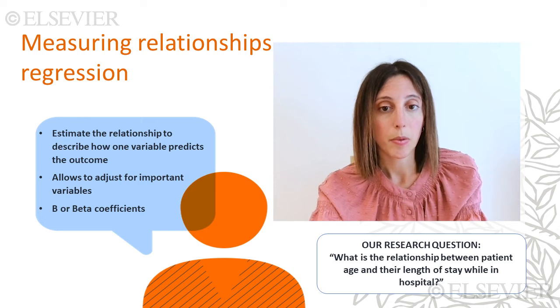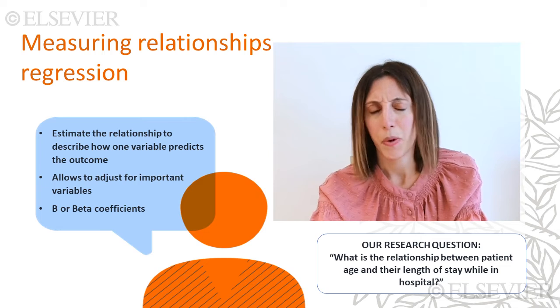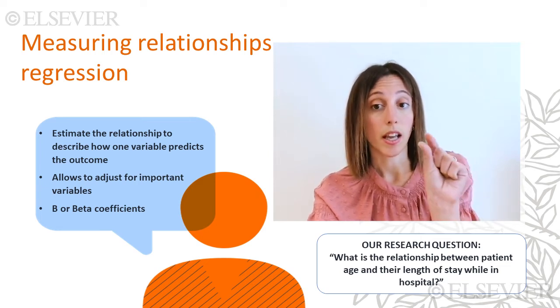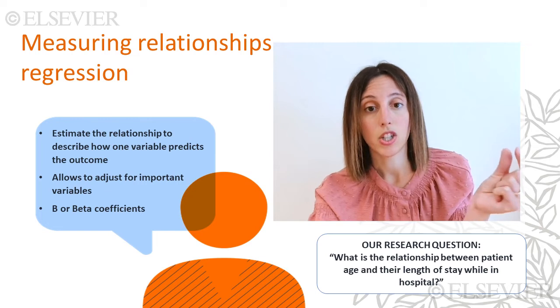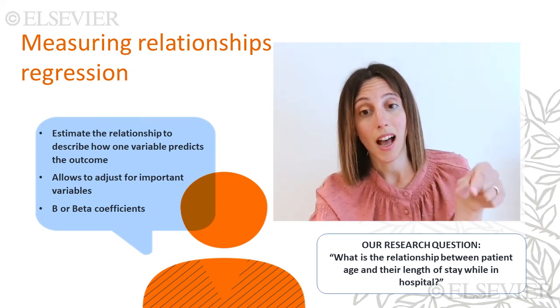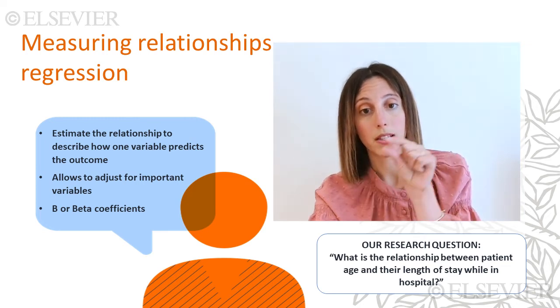Let's say, for example, that a paper found that the B coefficient of a linear regression for age is 0.12. What does that mean? It means that for every unit increase in age, so for each additional year of life a patient has lived, their predicted average length of stay will increase by 0.12 days.